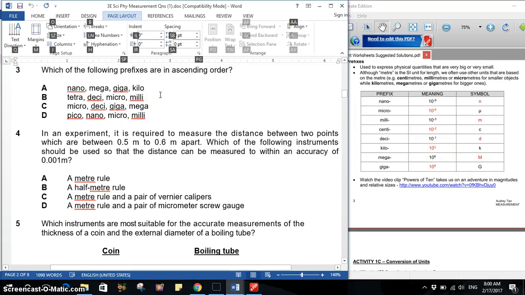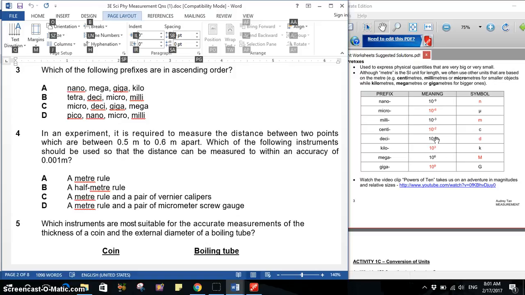Tetra, not in your syllabus. Then we go to deci, -1. Micro, -6. This is descending order. Answer C, micro, -6. Deci, -1. This is getting bigger and bigger.